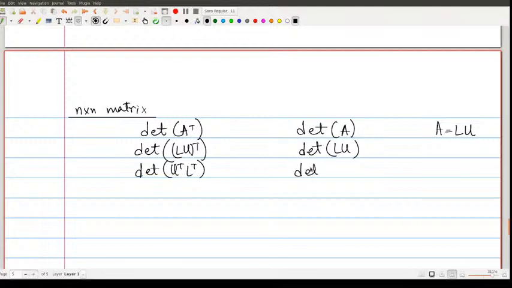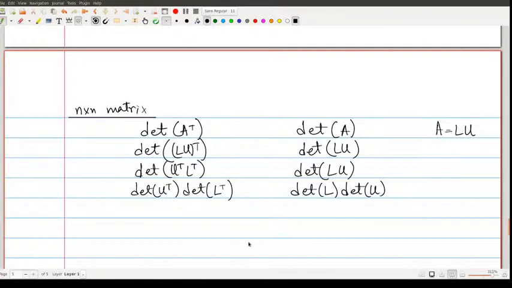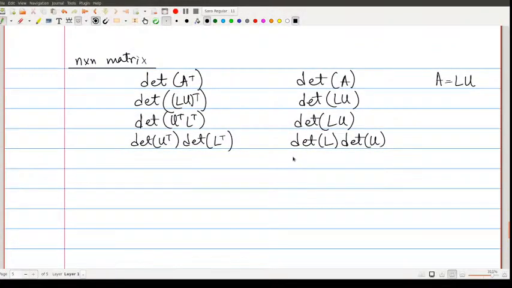Because this is a product, we can write it as the determinant of U transpose times the determinant of L transpose, and the other side as the determinant of L times the determinant of U. So again, let's sketch out what these entries would be. L had ones on the diagonal, 0 above, and some non-zero entries below. The U matrix had U1 to UN on the diagonal, non-zero entries above, and 0 below.